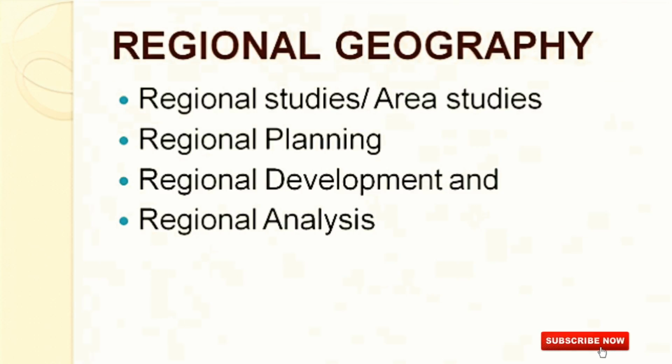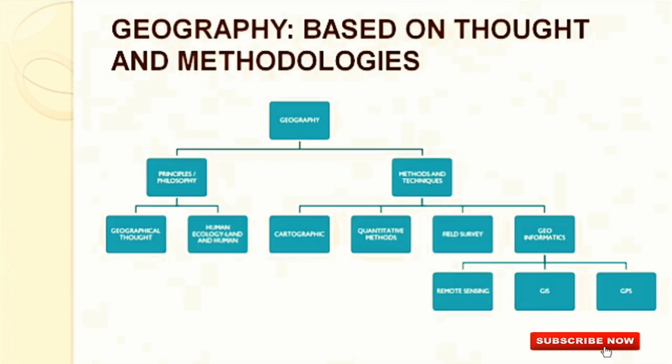In regional planning, we discuss the planning of any region. Regional development and regional analysis are all part of regional geography, where we study how to develop the region, how to contribute to the development of the region. Besides the above mentioned approaches, geography is further divided based on thought and methodologies.